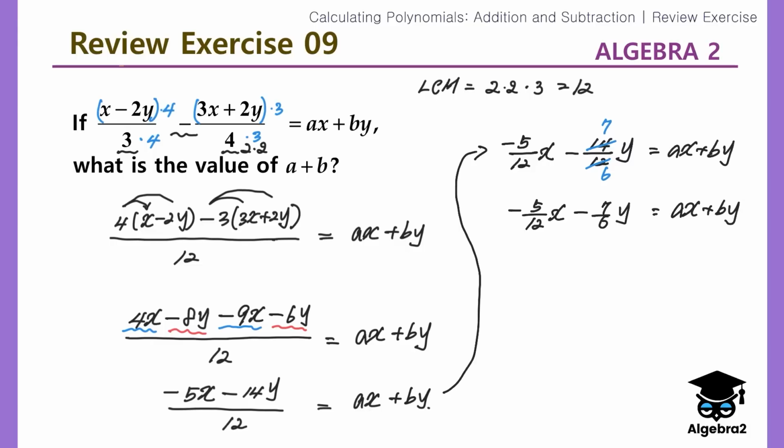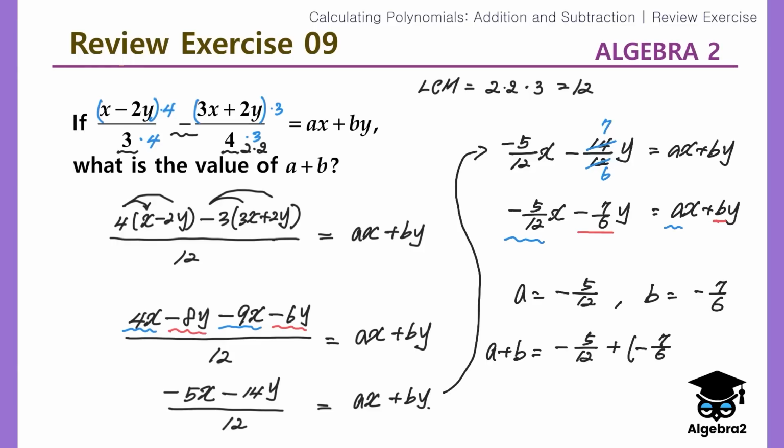That means a must be equal to negative 5 over 12, and b is equal to negative 7 over 6. So a plus b is equal to negative 5 over 12 plus negative 7 over 6.